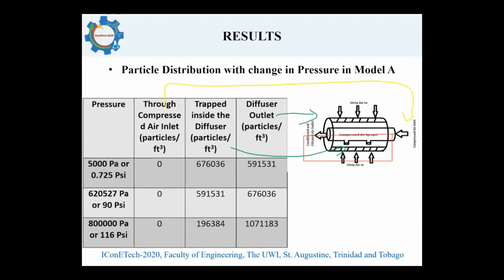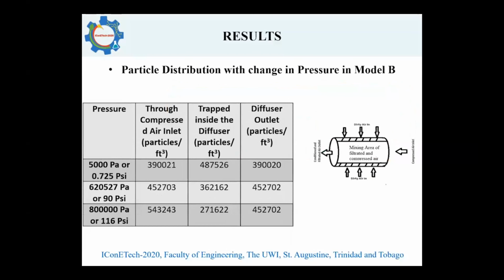The pressure increase in both the models is pretty much similar, so there is no effect of pressure really. It depends on the application they are using it for, but technically the trend is that if we increase the pressure, the particle distribution changes similarly in Model B as well.